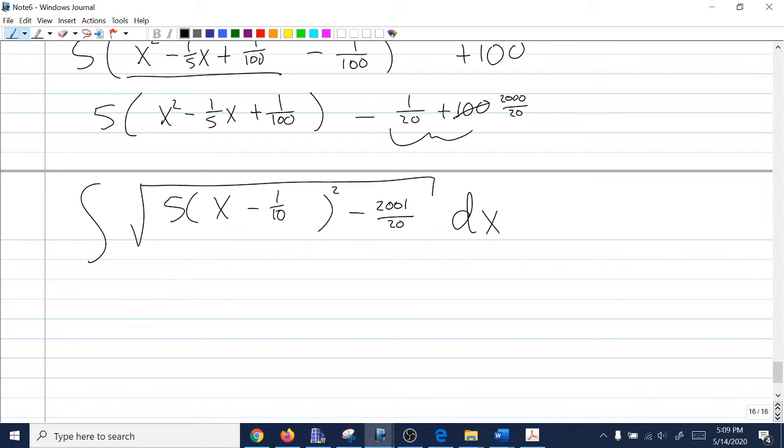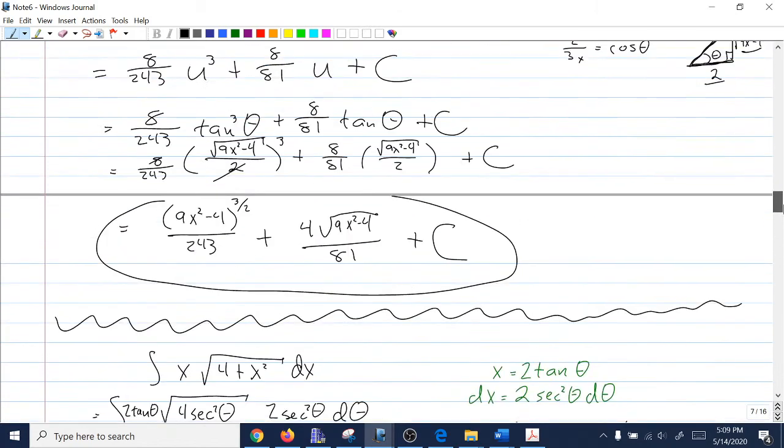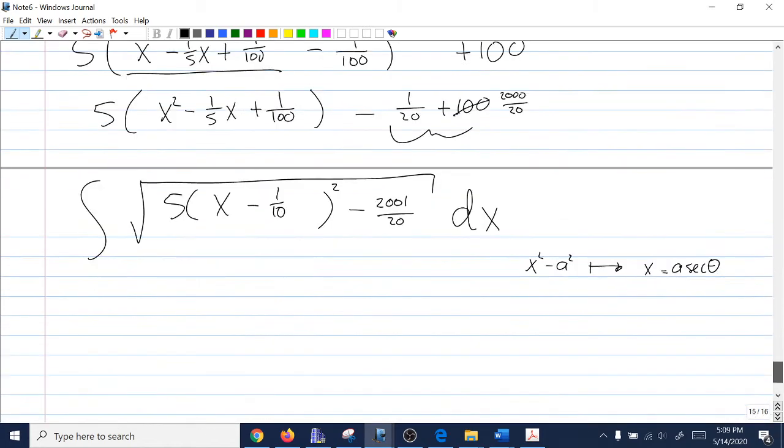This suggests to me, so now, if I had x squared minus a squared, I would want to use x equals, what is it, a secant theta? Let's double check before I get too into this. Yeah.